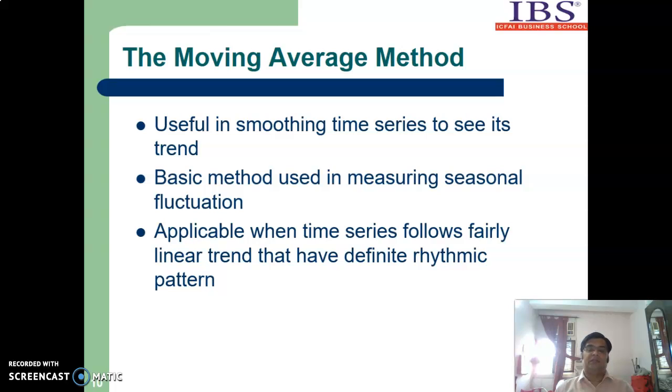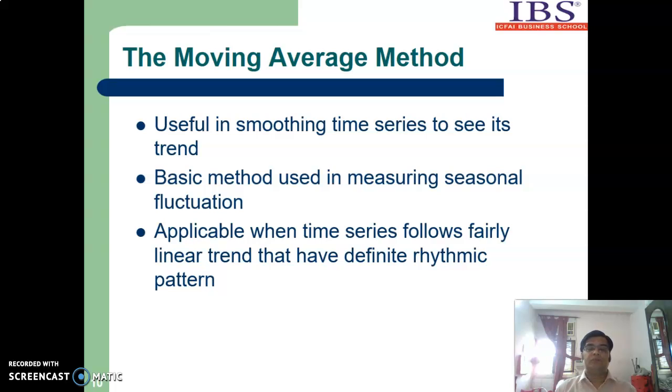That means whatever the ups and downs and the irregularities are there in the data will be smoothened up. And it's a basic method used in measuring seasonal fluctuation. Generally we do this with the help of an index, which is called a seasonal index. We'll learn in the next part how to construct a seasonal index.